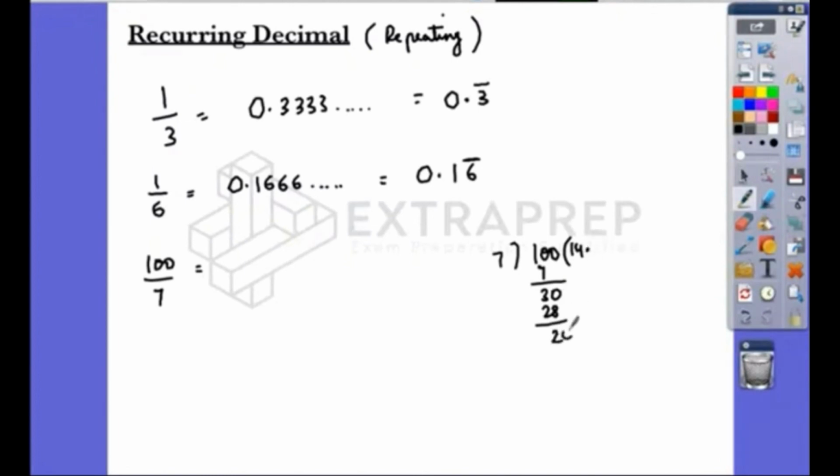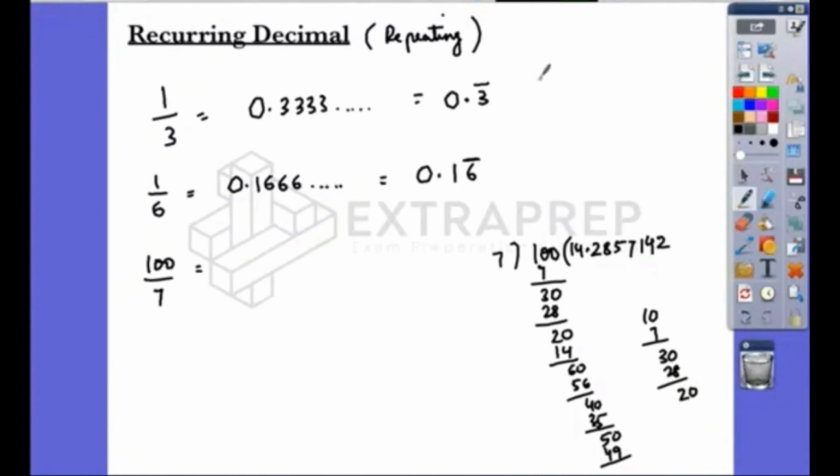You put a point here, you take another 0, 2, 14, 6, 0, 8, 56, 4, 0, 5, 35, 5, 0, 7, 49, 1, 0, 1, 7, 3, 0, 4, 2, 8, 2, 0, 2, and that's where you stop.